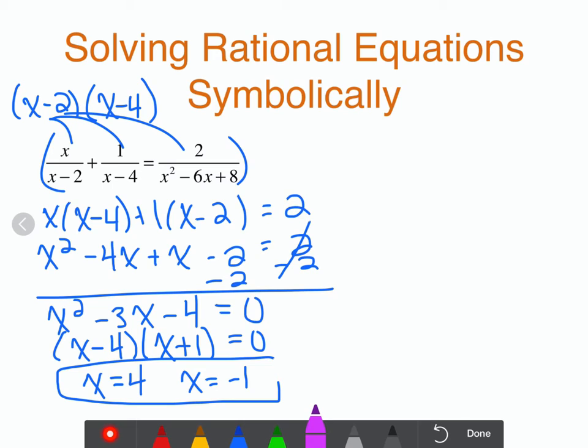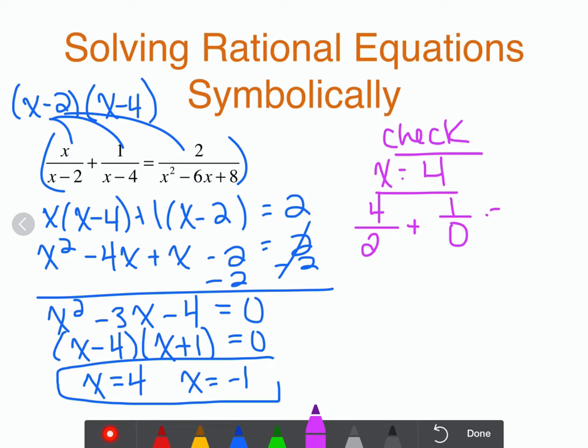Since I have two different solutions, I'm going to have to check them separately. Let's start by checking x equals 4. So I have 4 over 2 plus 1 over 0 is equal to 2 over 0. Since I have those zeros in the denominator, that means x equals 4 is extraneous. It's not a solution. Let's check x equals negative 1.